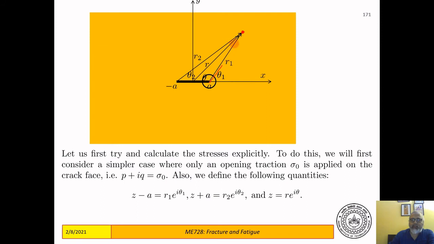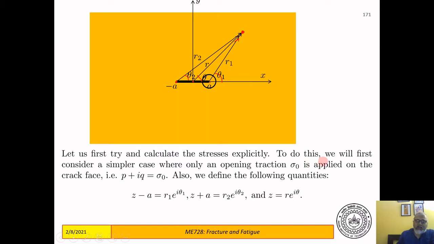So this would be r1 e to the power i theta 1. Again, for origin centered at this crack tip, you will have r2 e to the power i theta 2, where theta 2 is this angle, theta 1 is this angle, and then you will have the usual from the origin, which is r e to the power i theta, theta being this angle.